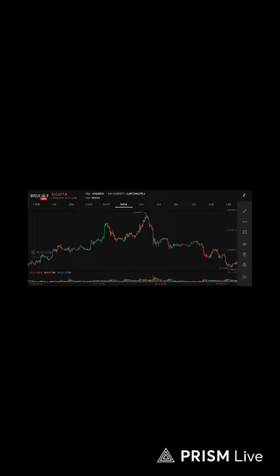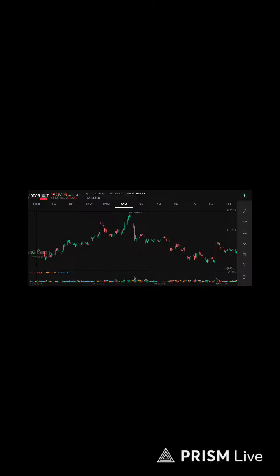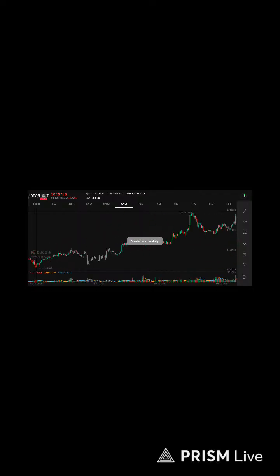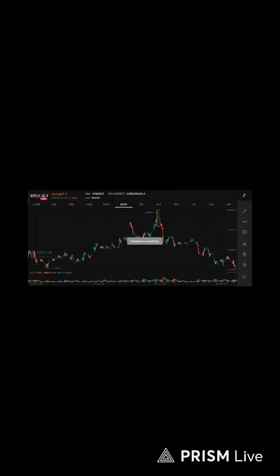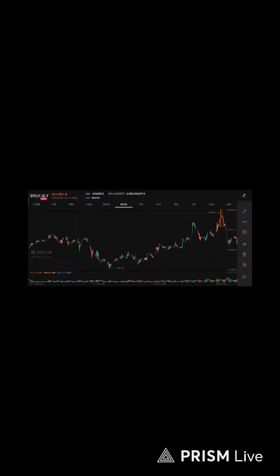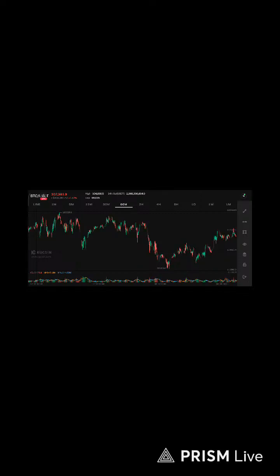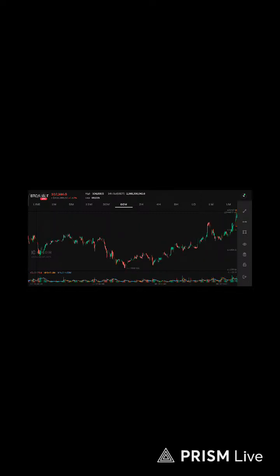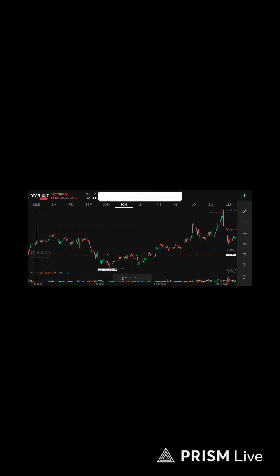I think this is a good example of a shooting star. First of all, you search for an uptrend, right? Because it's going to occur on the top of your uptrend. If you check this, this was the uptrend.